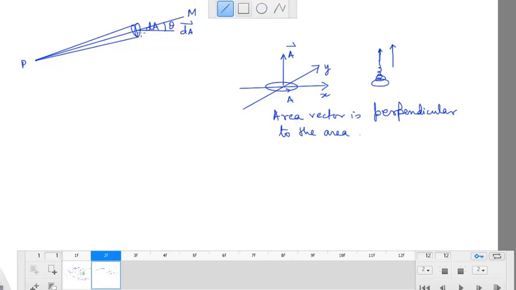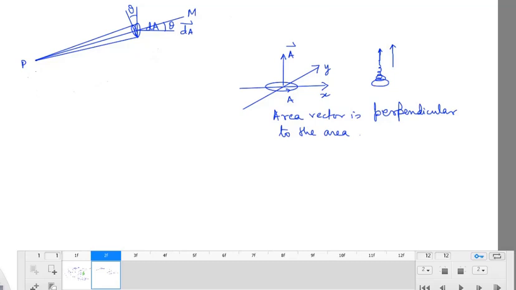Let me draw it, then you will understand. This line lies on this initial area, and this line also lies on this final area, which is perpendicular to this small area, right? So this will also be theta.